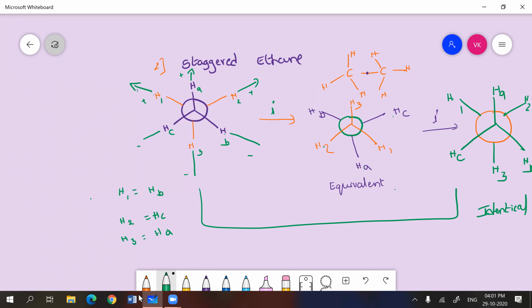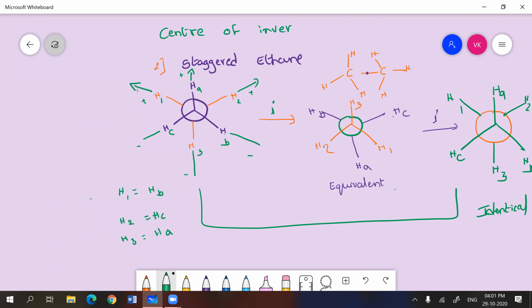So whenever we get either equivalent or identical geometry, only then do we say that these molecules have that particular symmetry element. Now, what symmetry element did we do here? We did inversion through the center of symmetry, center of gravity. That's the reason why this is also an example where the molecule has a center of inversion.